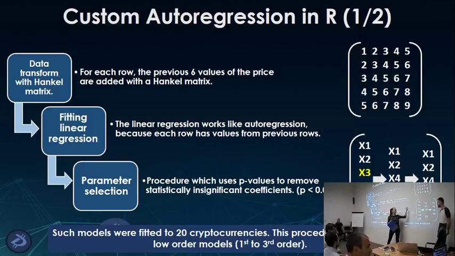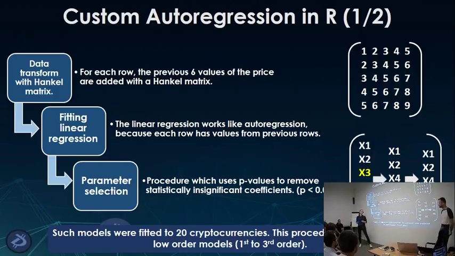For example, when the algorithm creates the first model, it uses all of them, but if the p-value of one is bigger than, for example, 0.05, it's not statistically significant enough, and the algorithm removes it automatically. Then the process starts again, and the algorithm creates a new model with the rest of the coefficients.